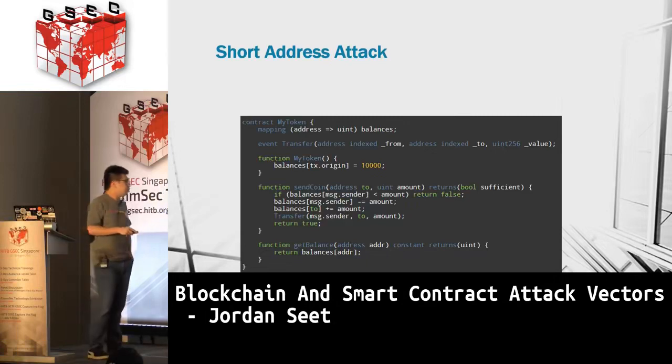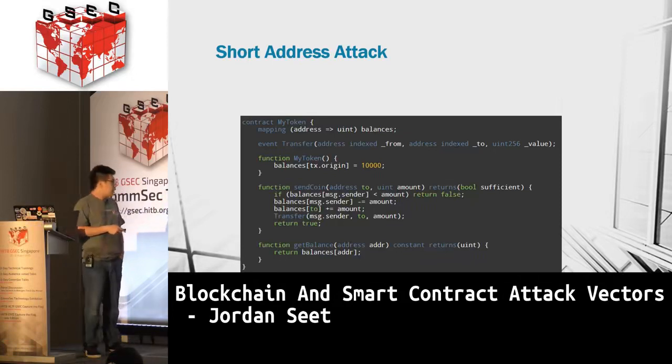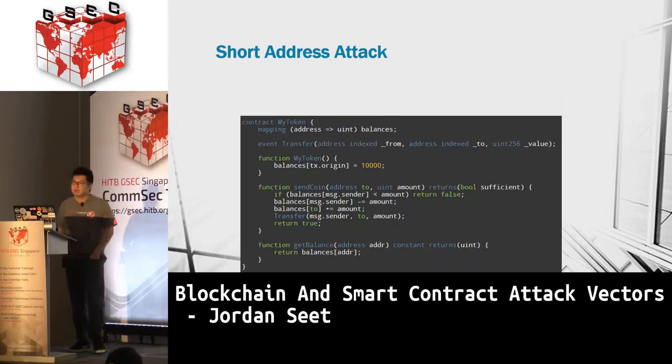I am able to send coins to an address and send a specific amount of coins. This will return a boolean that determines whether it's sufficient or not. If it's insufficient, it returns false, for example. So can anyone see the potential danger in using this?